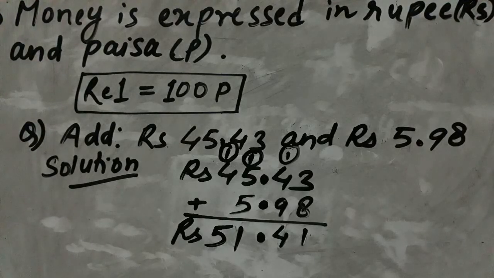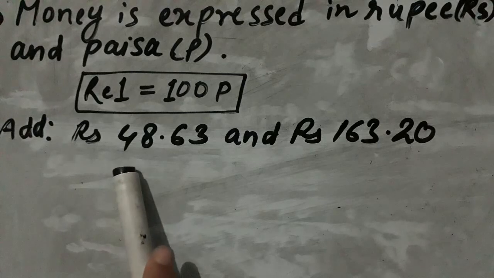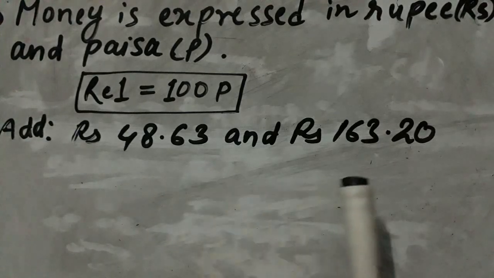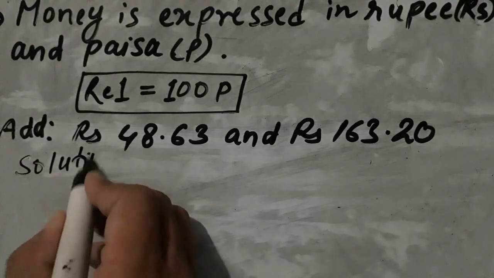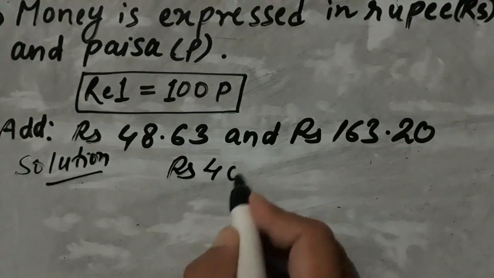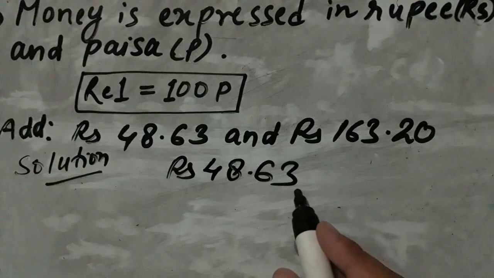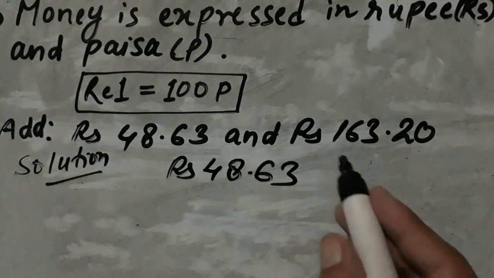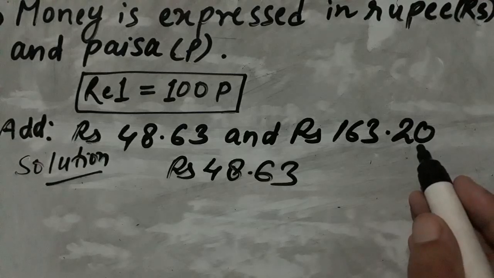Now let's see another question. So students, here we need to add 48 rupees 63 paisa and 163 rupees 20 paisa. So let's add. First we need to write 48.63, which means 48 rupees 63 paisa. Now we are going to add rupees 163 and 20 paisa.